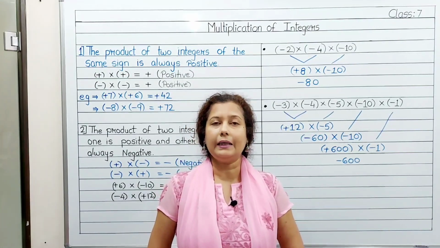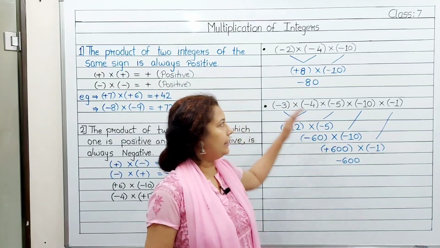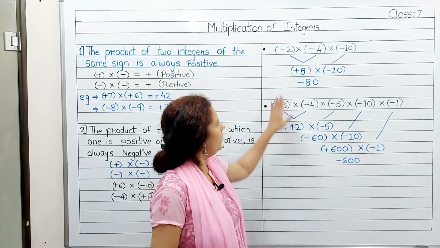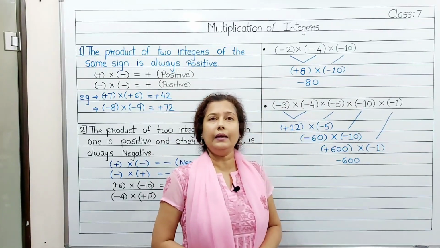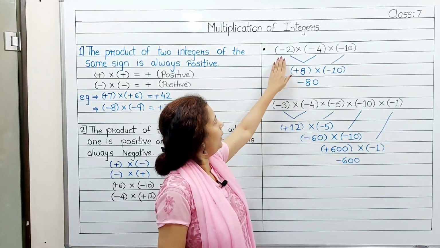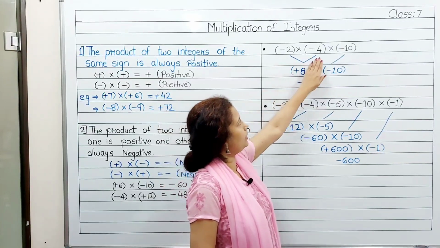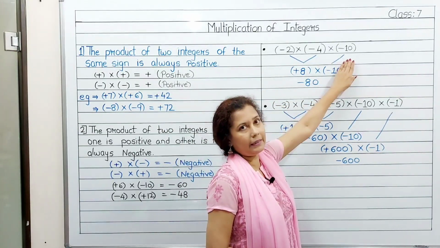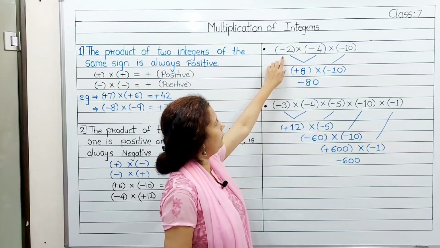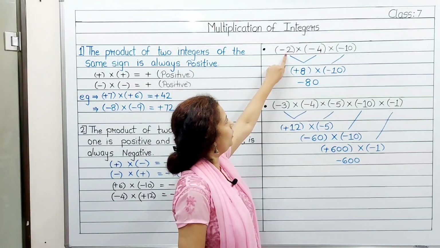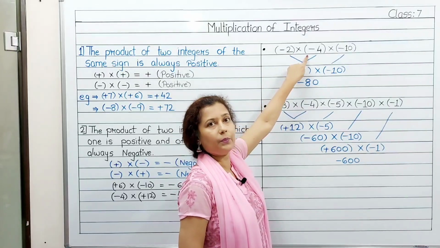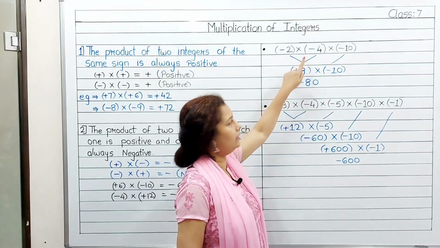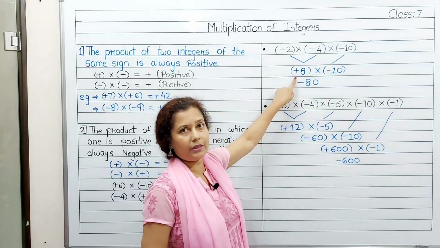When we multiply negative integers, we get different answers. First example I'll take, in which I have taken 3 negative integers. Minus 2 into minus 4 into minus 10. So first we will multiply the absolute values. 2 into 4 is 8. Minus minus both are same sign. So we will get a positive integer.